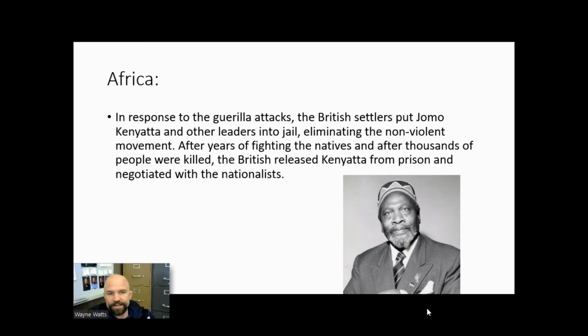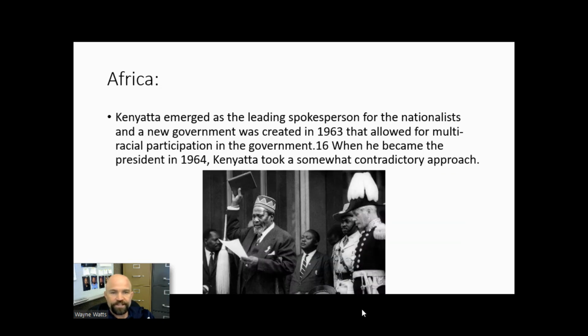After years of fighting the natives and after thousands of people were killed, the British released Kenyatta from prison and negotiated with the nationalists. Kenyatta emerged as the leading spokesperson for the nationalists, and a new government was created in 1963 that allowed for multiracial participation in the government.